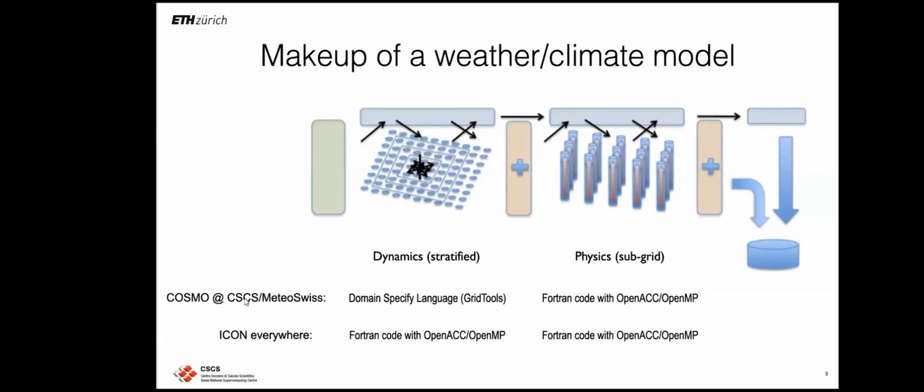This model was ported to GPUs by rewriting, you can say, the dynamics with a domain-specific language using C++ and template metaprogramming, and OpenACC and OpenMP directives in the Fortran code that implements the physics model. Now, ICON is slightly more heavy on the OpenACC side, in that we chose to implement both the dynamics and the physics with OpenACC directives.